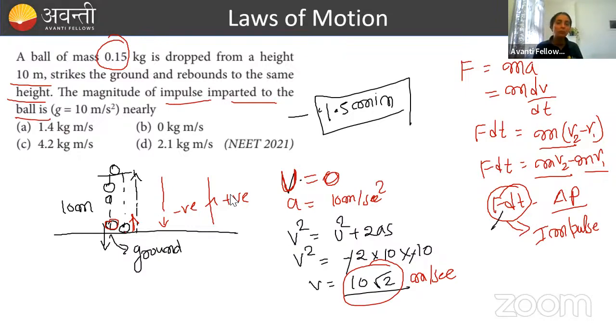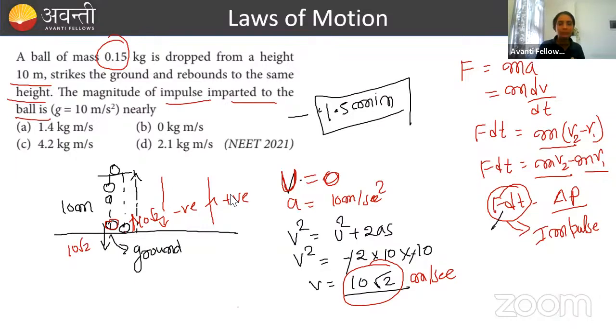Done. So before collision, magnitude of velocity is 10 root 2. After collision, it will be 10 root 2. Because of application of force by ground, velocity direction will change. So final velocity is also 10 root 2, but in upward direction. Initial velocity was 10 root 2 in downward direction.